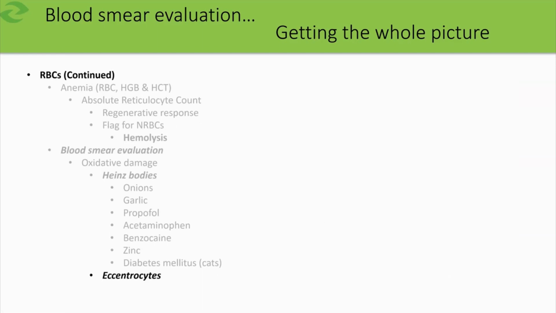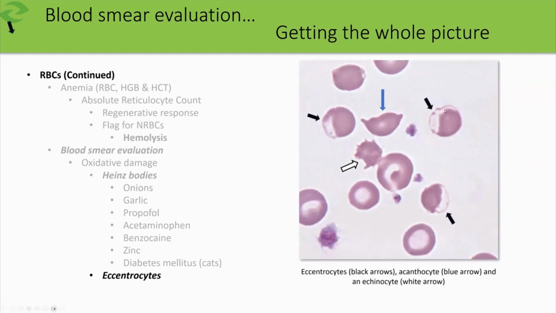Eccentrocytes. So still under oxidative damage, and the eccentrocytes, also known as blister cells, it actually looks like a blister on the edge of the cell. So these are eccentrocytes there. The blue arrow here is an acanthocyte, and this is a keratocyte, maybe a keratoacanthocyte.